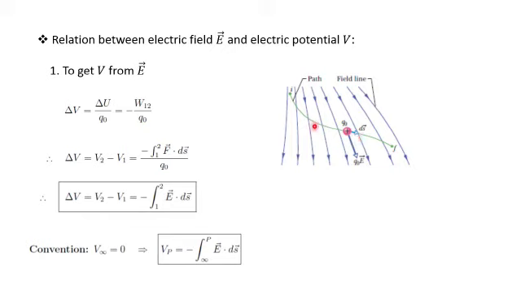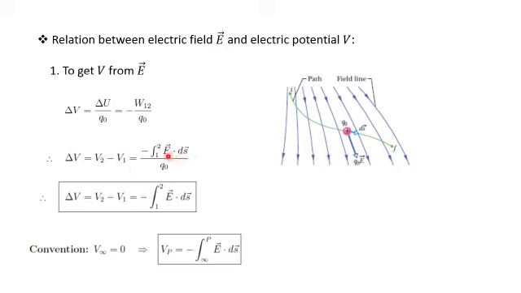If we recall the definition of the potential difference delta V, it is equal to the change in potential energy per unit charge, or the negative of the work done per unit charge. So we can write this potential difference as V2 minus V1, where V2 is the potential at point F and V1 is the potential at point I, and this is the work done.